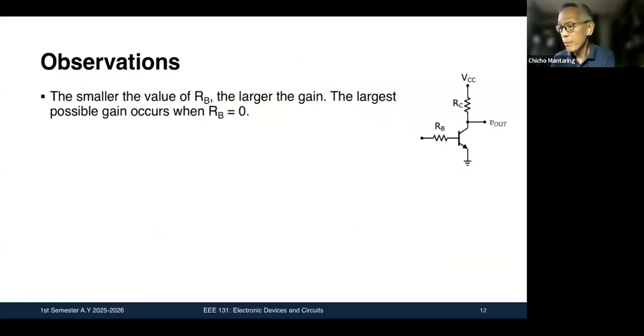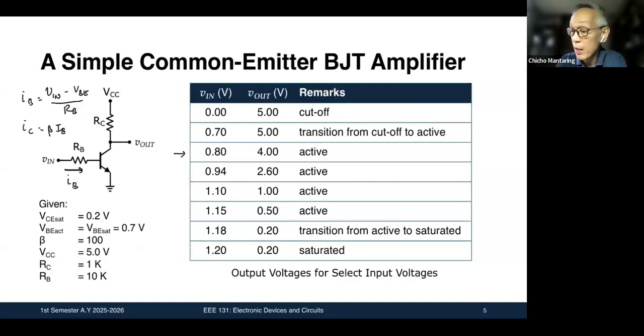So what are the observations that we can make from this? Number one, the smaller the value of RB, the larger the gain. Why is that so? We can go back to this circuit.